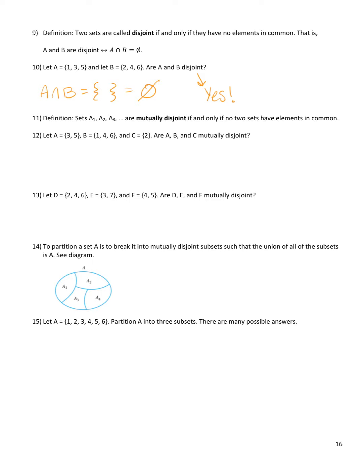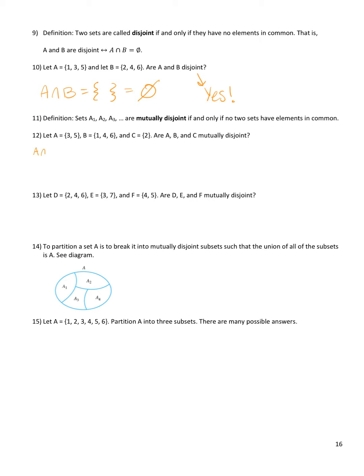Okay, so to expand on that a little bit, you can have multiple sets, A1, A2, A3, as many as you want. And to say they are mutually disjoint, that would mean that no two sets have elements in common. So you'd have to check every single pair. Every possible pair of two sets would need to have nothing in common. So here I have 3 sets, A, B, and C. And I have to check every possible pairing.